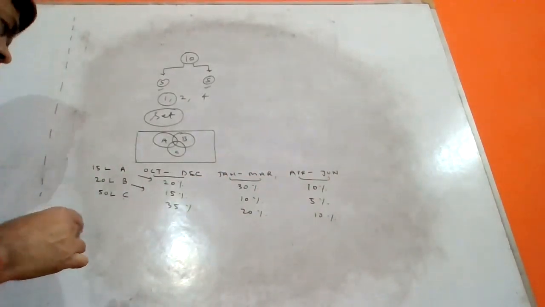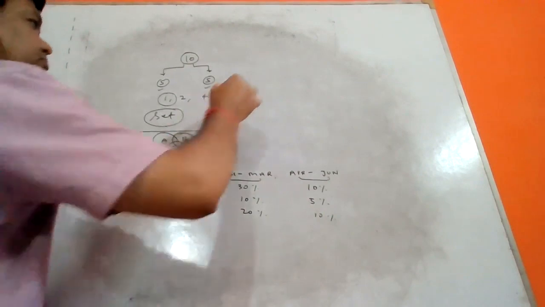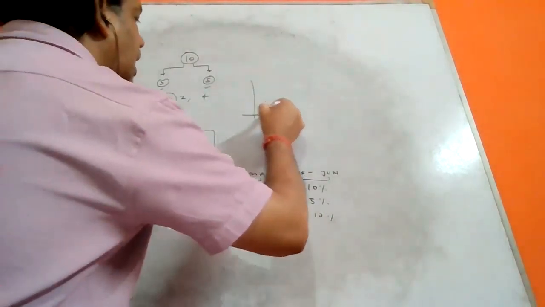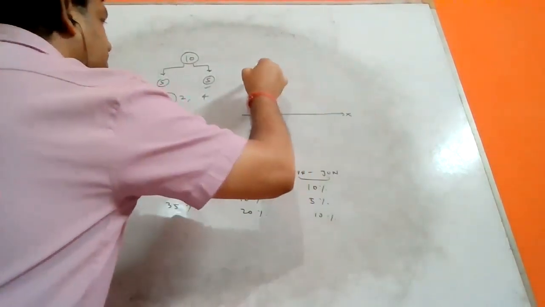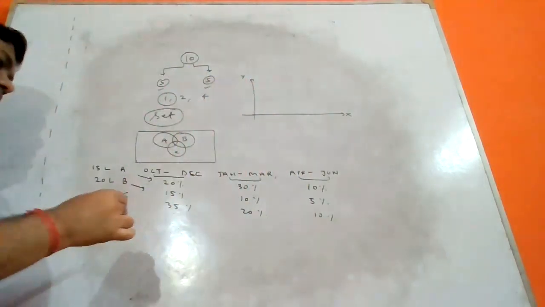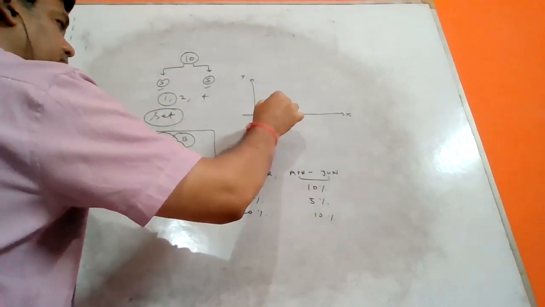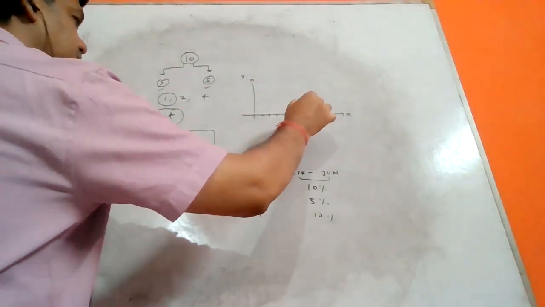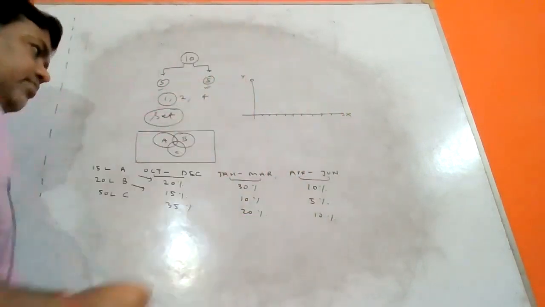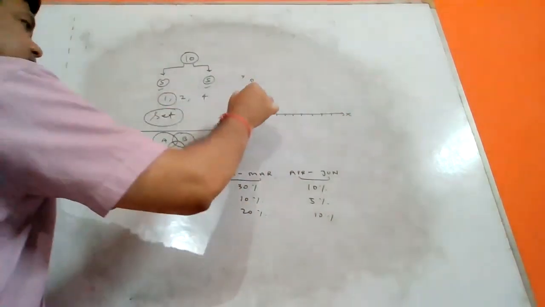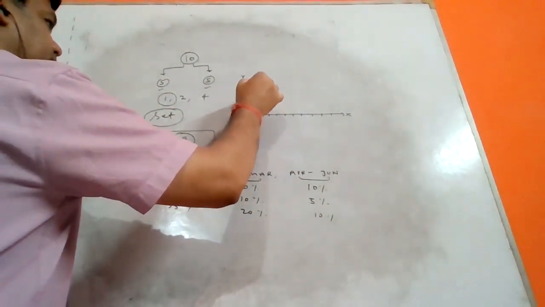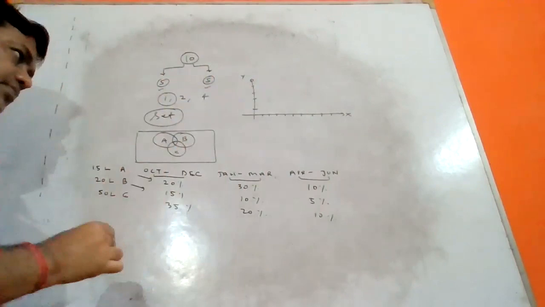Now, going to the observation, first of all, we create a graph between the x-axis and y-axis, where on the x-axis is the month: October, November, December, January, February, March, April, May, June. And on the y-axis is the population, 15 lakh, and so on.